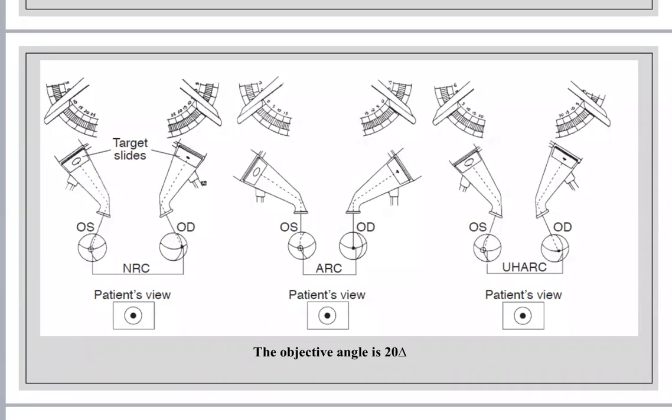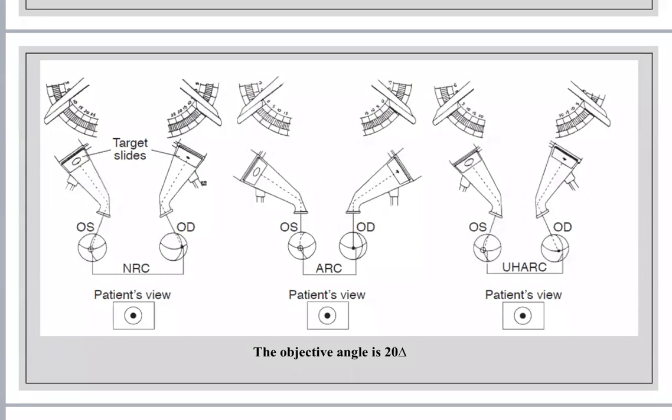So his subjective angle is 0, and his objective angle is 20. So here, the angle of anomalous retinal correspondence is equal to the full angle of strabismus. It is 20 prism diopter. So this patient won't have to adjust for anything. This patient has harmonious ARC.